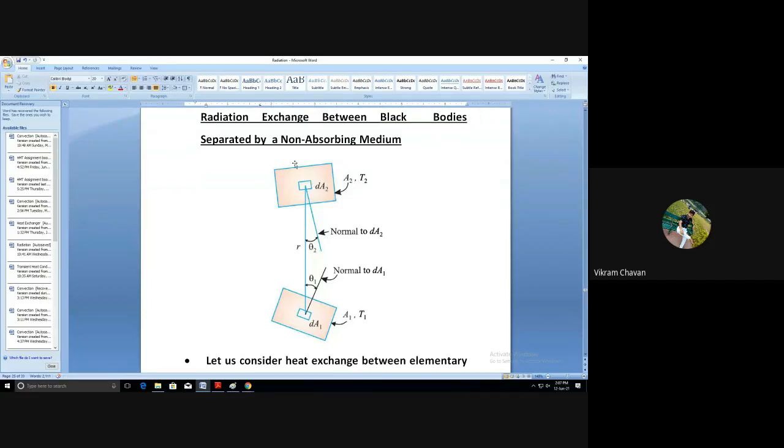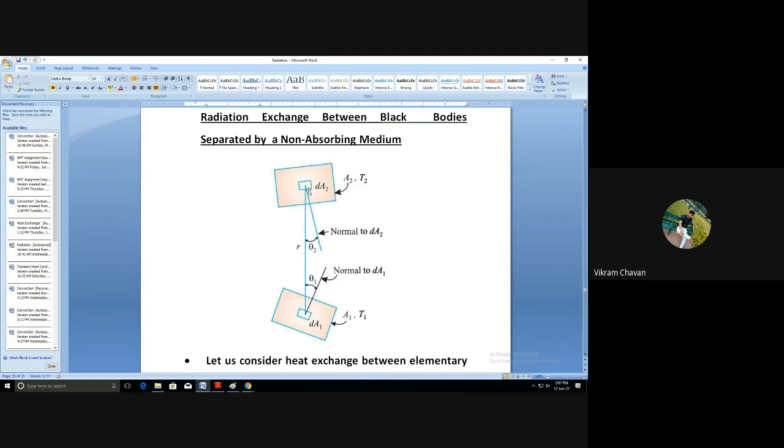For observation purposes, we have considered small elements of the total surface areas. This is the total surface area A2 and this is the total surface A1. Out of the total surface area A1, we have considered the small element dA1, and dA2 out of the total surface area A2.